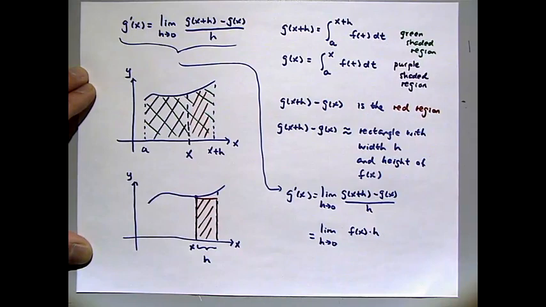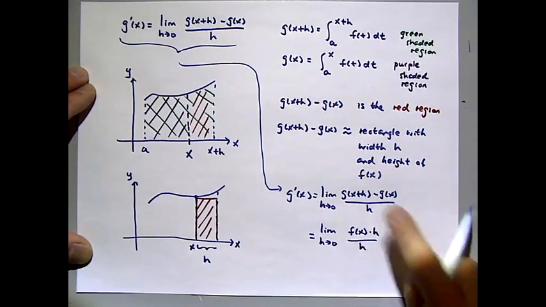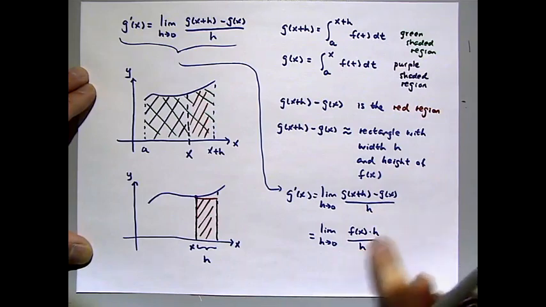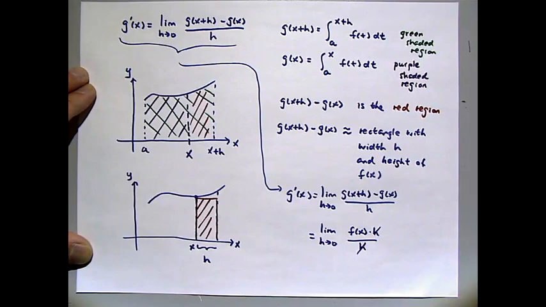So that's got area equal to height times the width. Dividing by our h downstairs, those go away. And finally, when h goes to 0, f of x doesn't care. So we still get f of x as the limit.